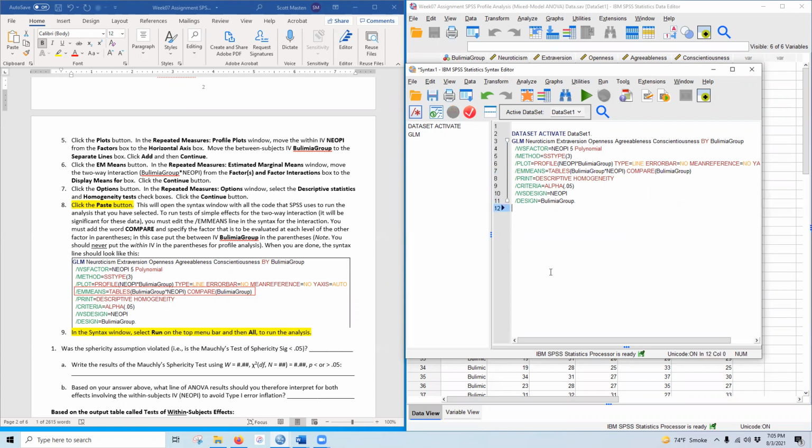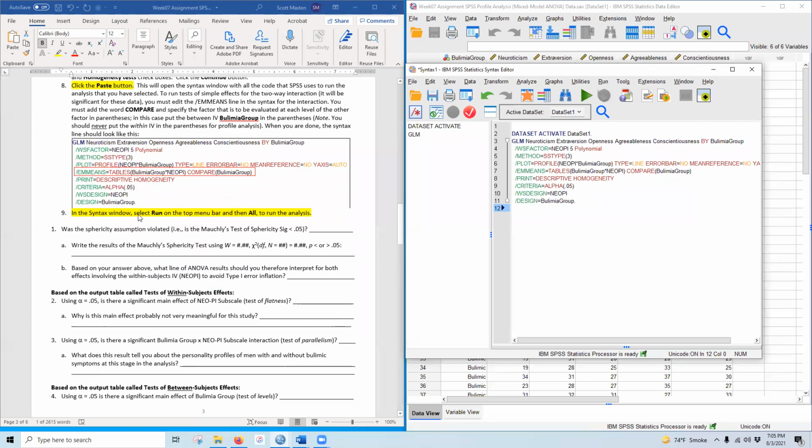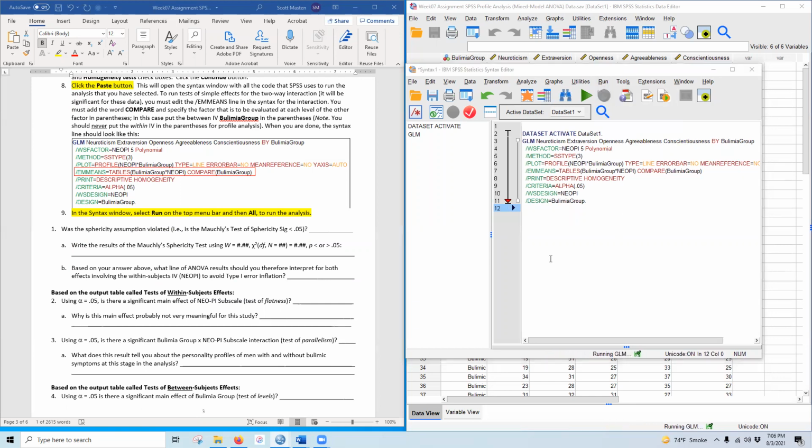What's that going to do? It's going to give us an extra set of univariate simple effects tests that compares bulimia group within each level of the other variable, that's NEO-PI. Once we have this, we can select Run on the top menu bar and Run All. That's going to run the profile analysis of repeated measures.